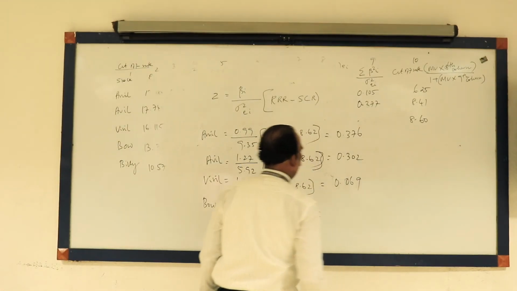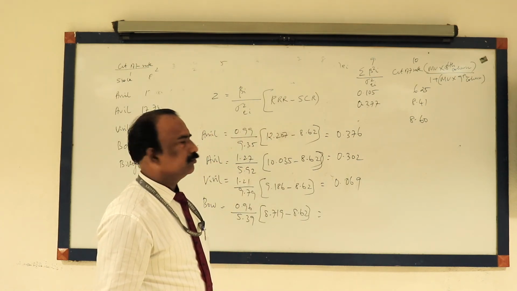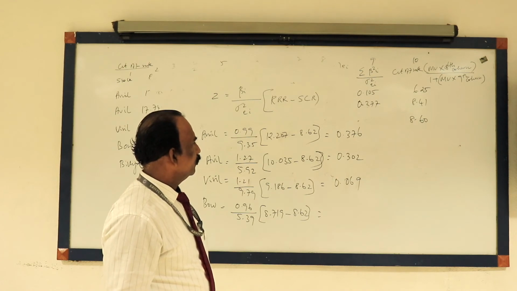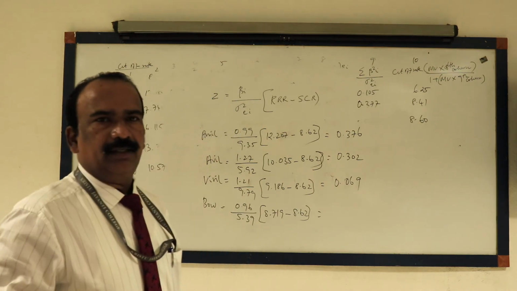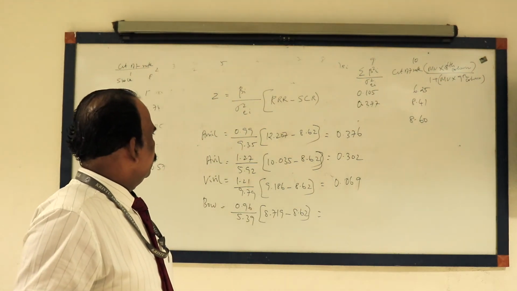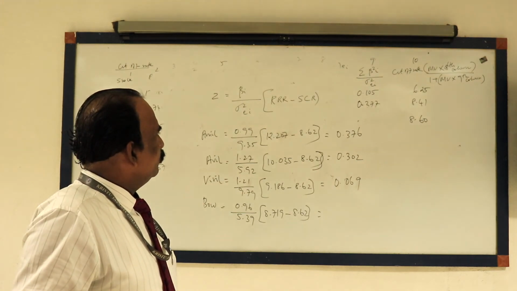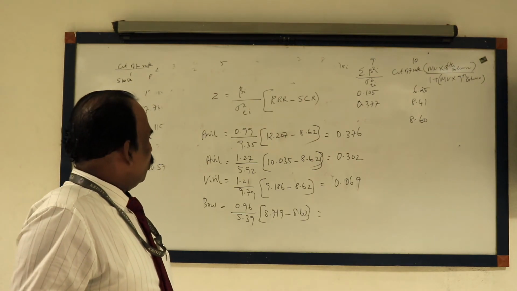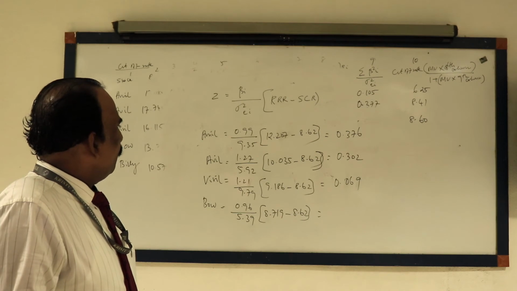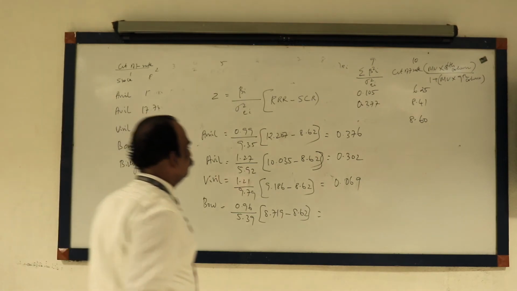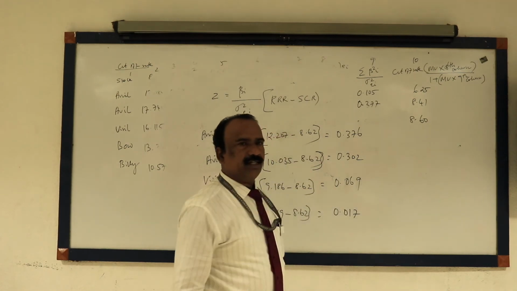Okay. Check the answer. (0.96) divided by 5.39 into 8.7. Last one, 0.017. Please check. Is that right?